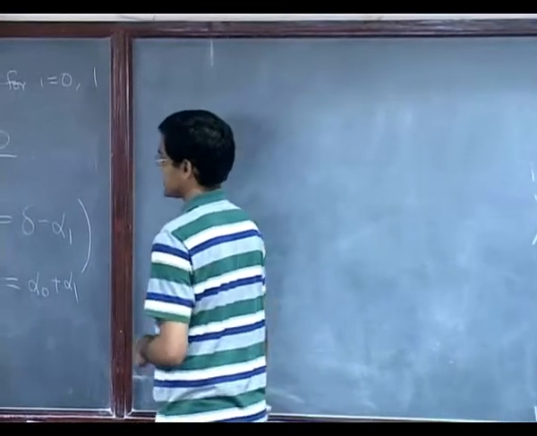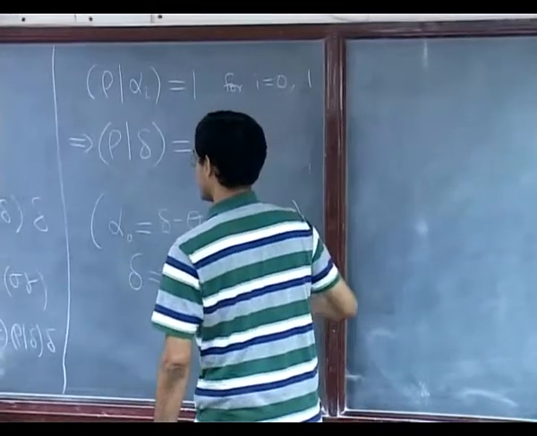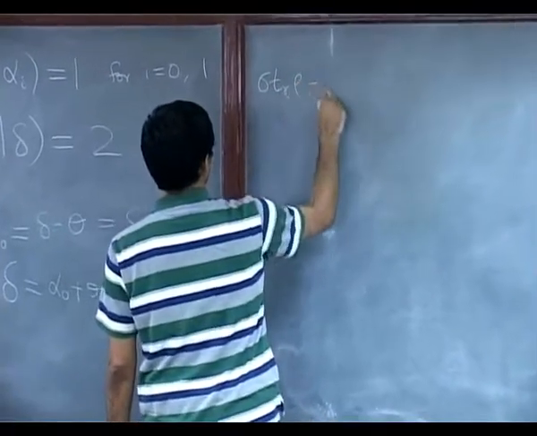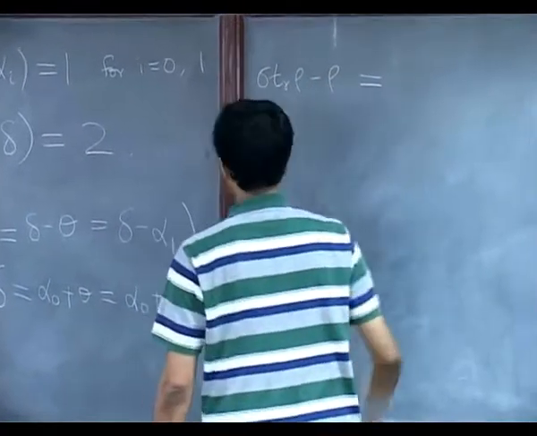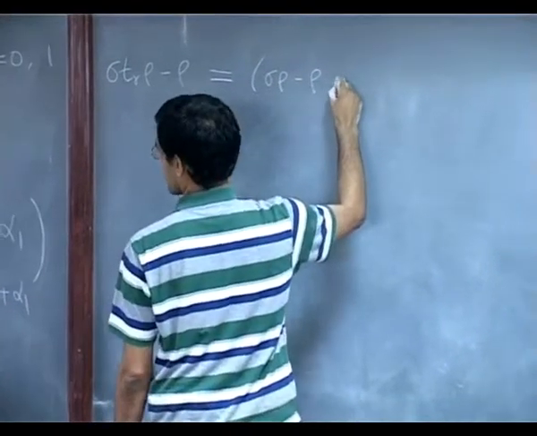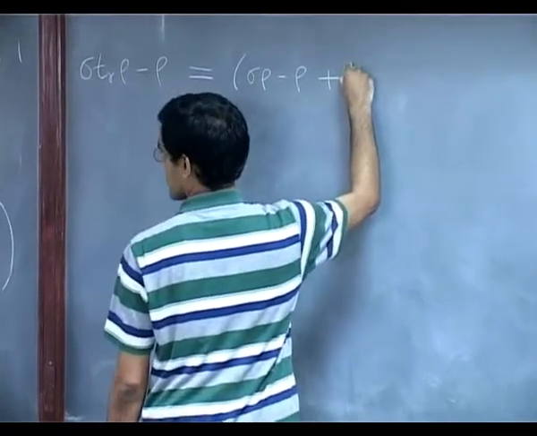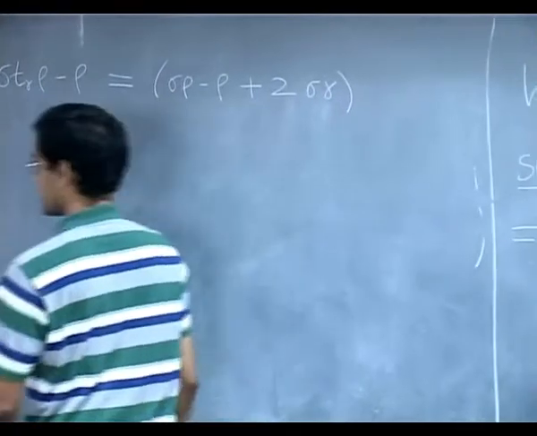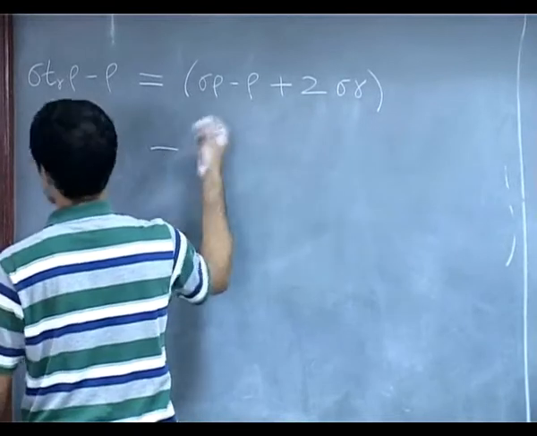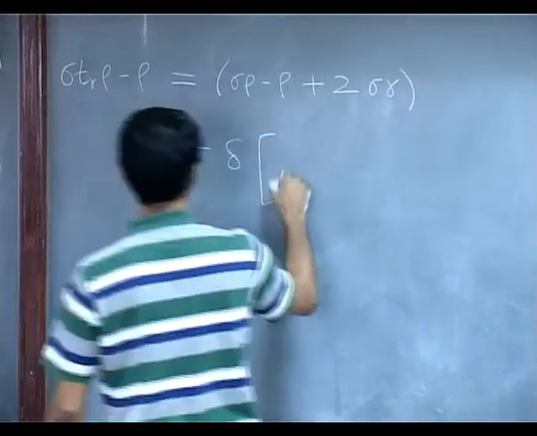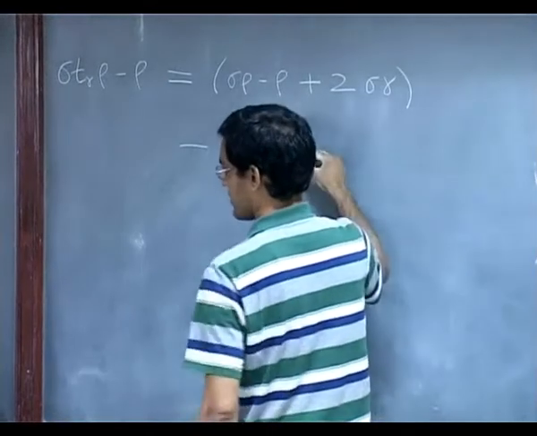Okay, so let us plug that in. So, what do we get? Sigma T gamma rho minus rho is, I do not think I can do much about this, sigma rho minus rho plus rho delta was twice sigma gamma, okay, good, minus a bunch of things involving delta. So, let us just keep the delta out there, delta times some quadratic function.